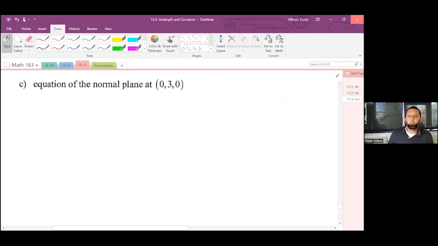In part C, we want to find the equation of the normal plane at (0, 3, 0). Remember that if we want the equation of a normal plane, we're looking for a plane that the curve is just going to jab right through the middle of.